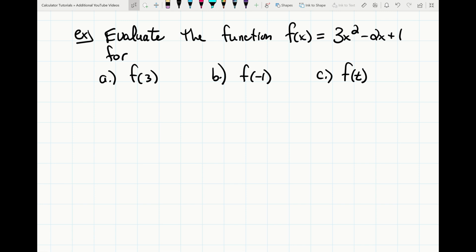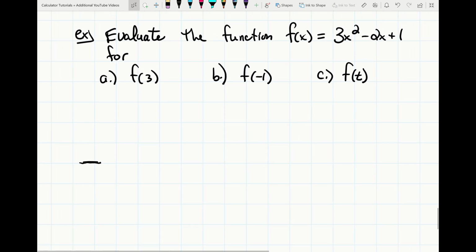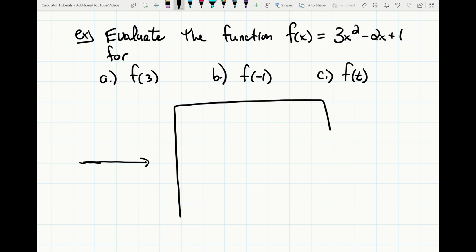All right, now here's how we approach this. I'm gonna do this for this first example in each one, and then the next example, I'm not gonna write this out here because we should kind of have an idea of what to expect. So let's pretend we have this special type of calculator, and it's called a function calculator.